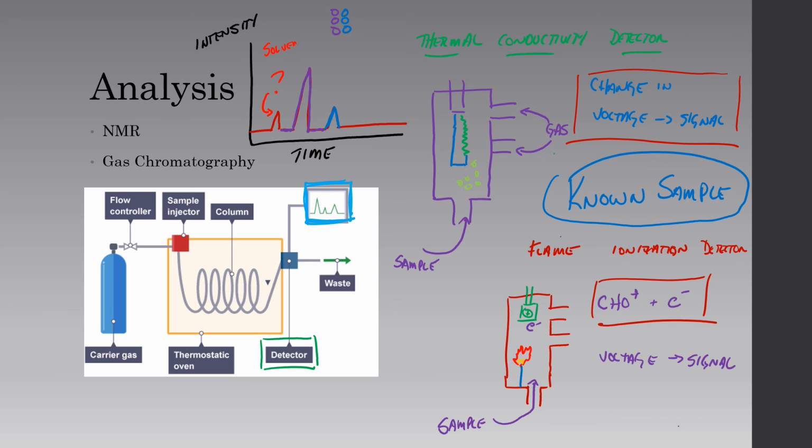So our solvent that we use to inject these with is also going to show up as a spike. So don't forget about that. And remember, the key part here is how do we know which one's purple and blue? That's based off of running a known sample through there and seeing where it shows up. And then matching the retention time, the time that we have in our gas chromatogram.